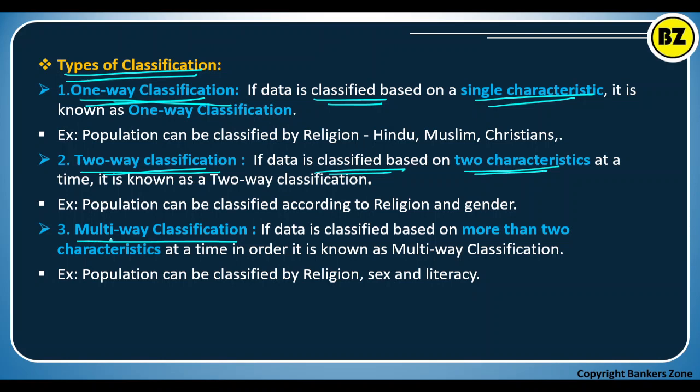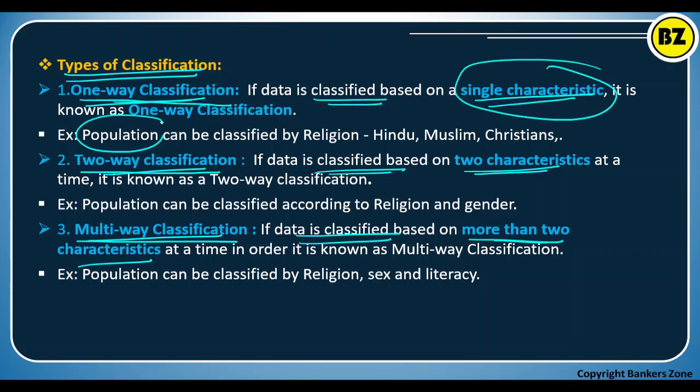And obviously multi-way means data is classified based on two or more characteristics. Through examples we'll understand. One-way means a single characteristic. For example, the population is classified based on religion. Obviously you may have only one religion, a single characteristic, right? Either Hindu, Muslim, Christian, so only one you can have. So based on a single characteristic you have classified the data.